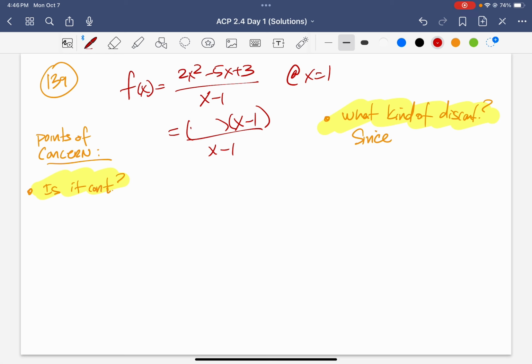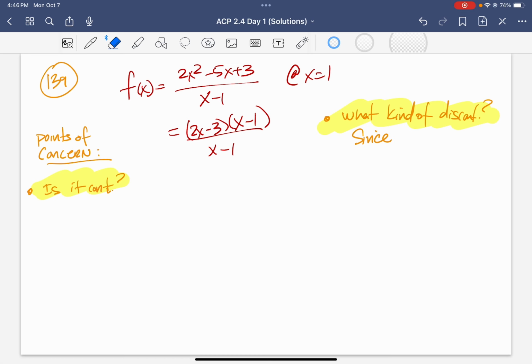And so would this be 2x minus 3? So let's see. Let me make sure that's 2x squared minus 5x plus 3. Minus 3 and minus 2 gives me minus 5. So there you go. I factored it into this.